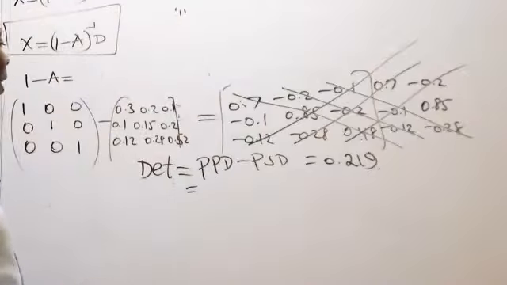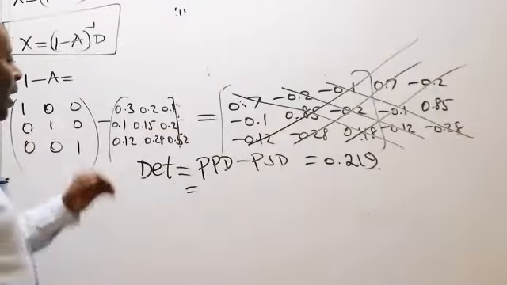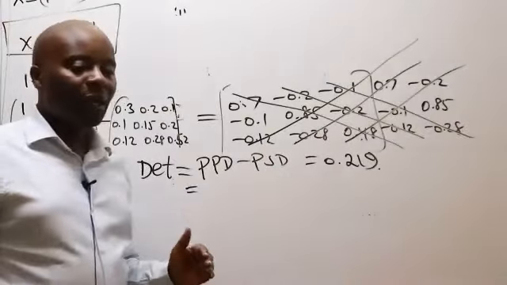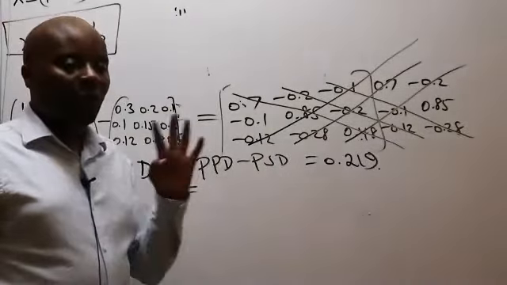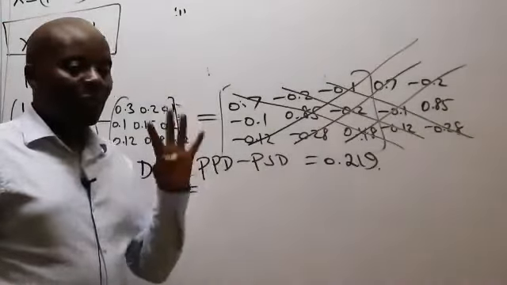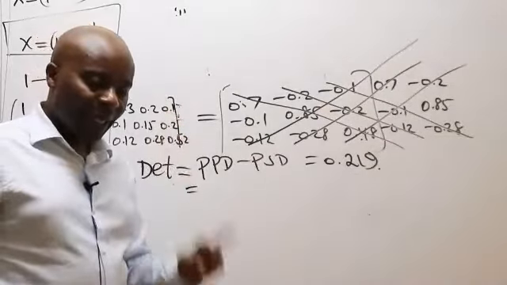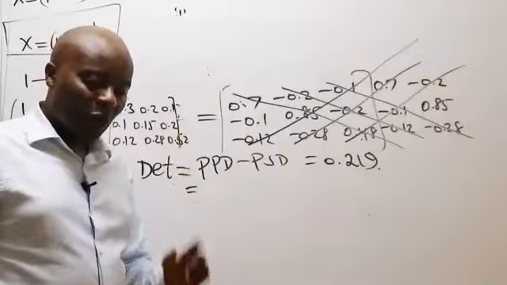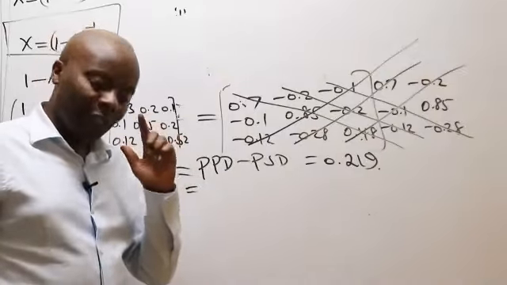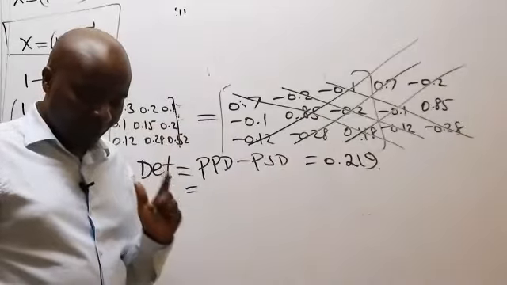Having gotten the determinant, I will straight away remember that we have 4 basic steps. We have the determinant. Number 2, we have the minor. Number 3, we have the cofactors. Number 4, we have the inverse definition.